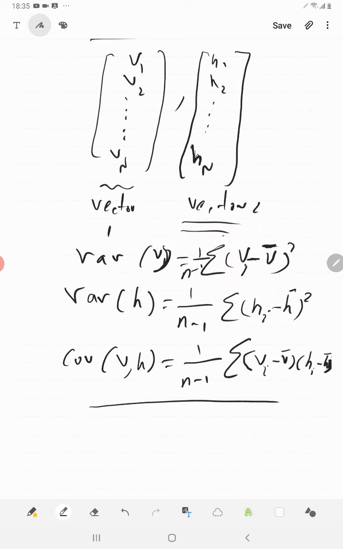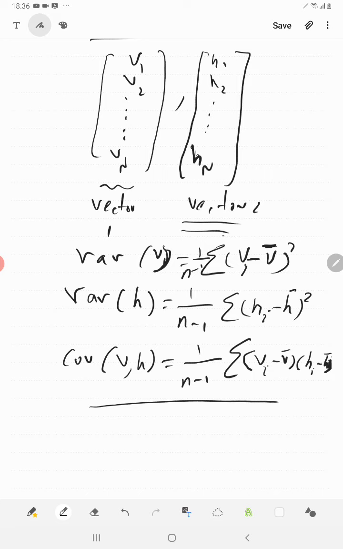Then we square them. This is a vector, we square them. Sum of squares of u minus the mean of u, and take the sum.